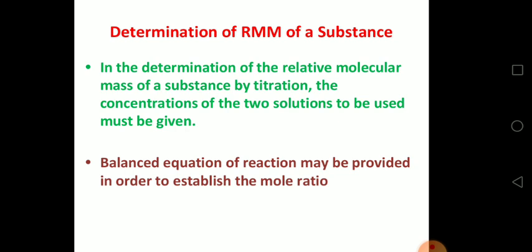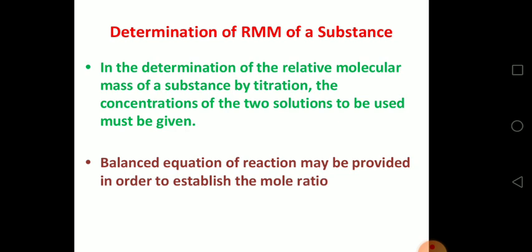Two things are essential. The first one is that the concentration of the two solutions to be used must be given. That's the acid and the base must be standard solutions. Then there must be supply of the balanced chemical equation of reaction, and this will help to establish the mole ratio.